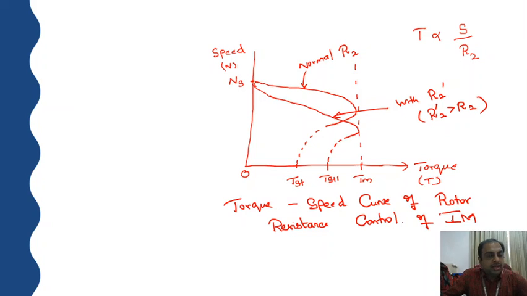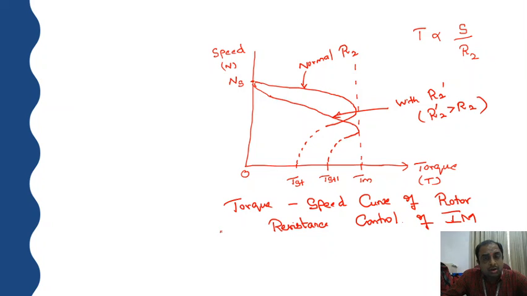The main disadvantage of this method is that large speed changes are not possible. A large speed change requires a large resistance in the rotor, which causes large rotor copper loss. Second, this method is not at all suitable for a squirrel cage motor. Third, a speed above the normal value cannot be obtained.